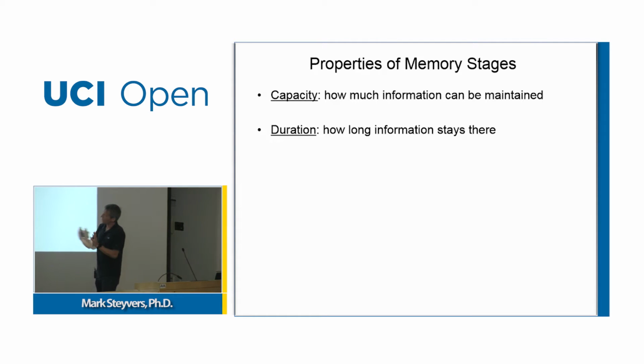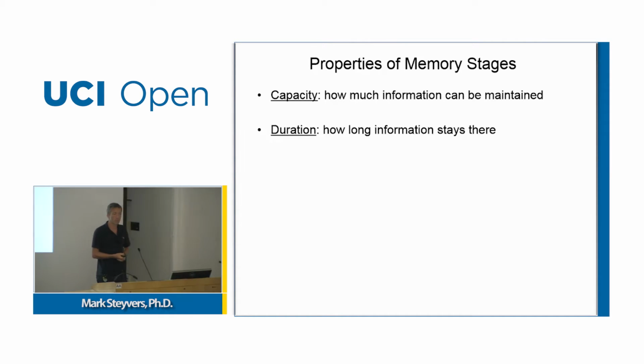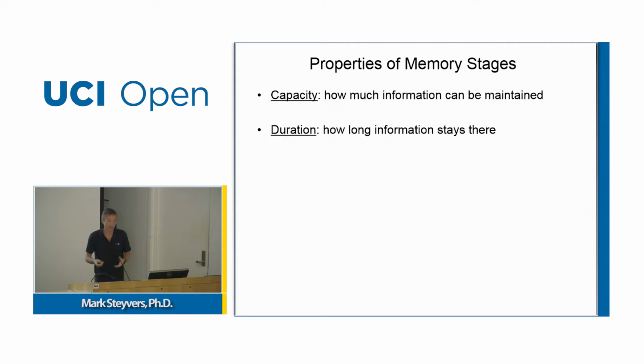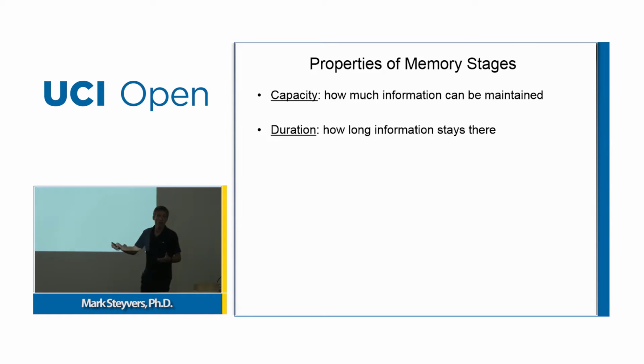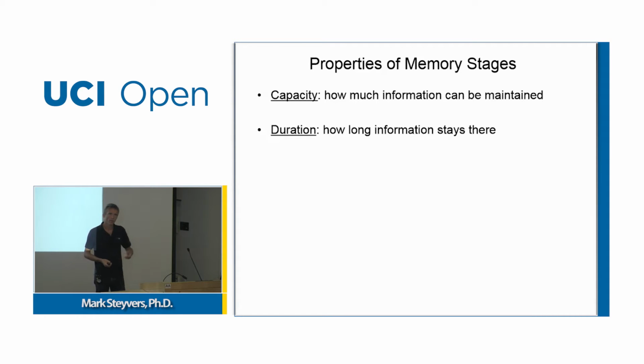That's one dimension in which stages differ. The other dimension is duration. How long can information be kept there, or how long can it stay there? Some stages hold on to information just a few hundred milliseconds, other stages for a lifetime. And there's a bit of a trade-off. Some stages that have large capacity have short duration, and vice versa.